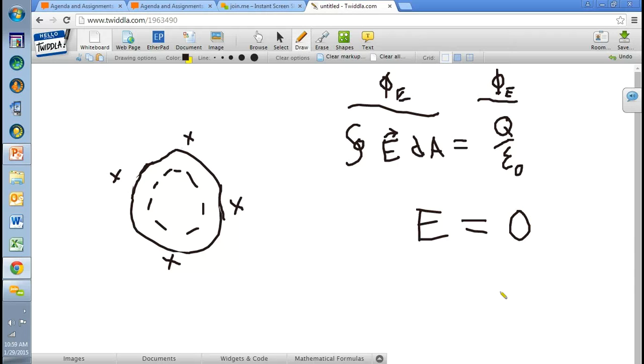Okay, and again, that's why a lot of times Mike was talking about a Faraday cage. A lot of times when you have very sensitive electronics that you don't want to be affected by electric fields, they'll put it in a case that's metal. That way any external electric fields will not affect it.